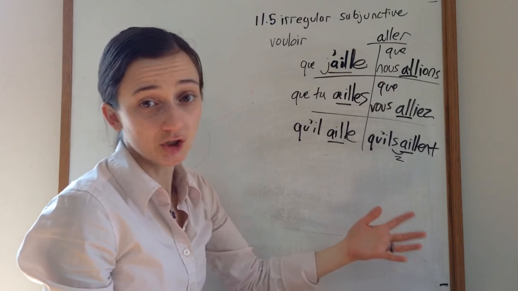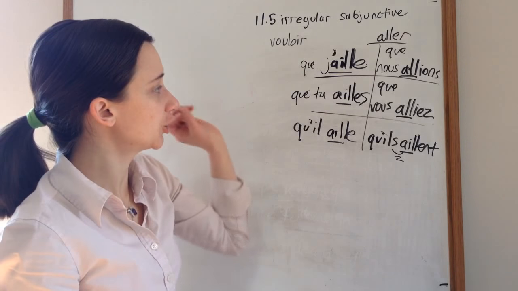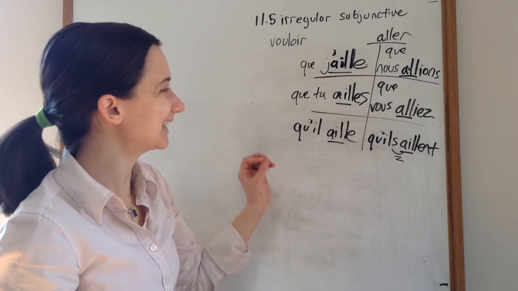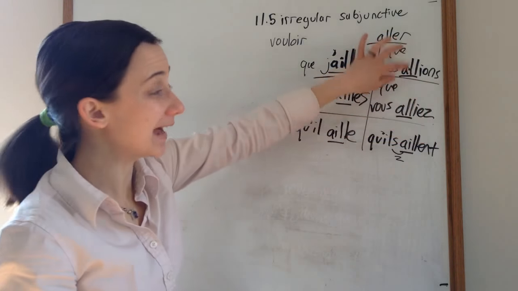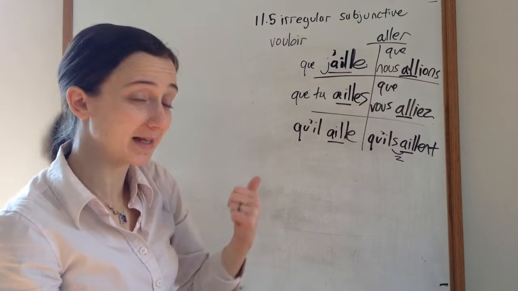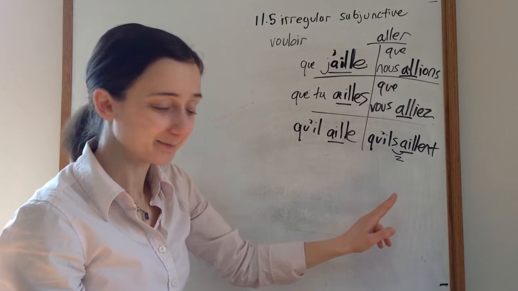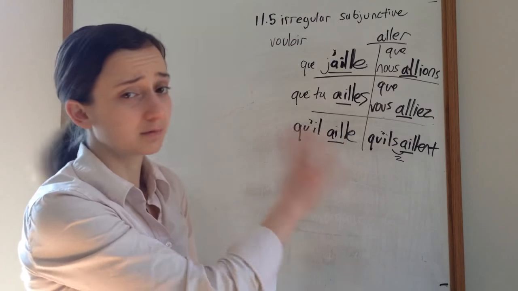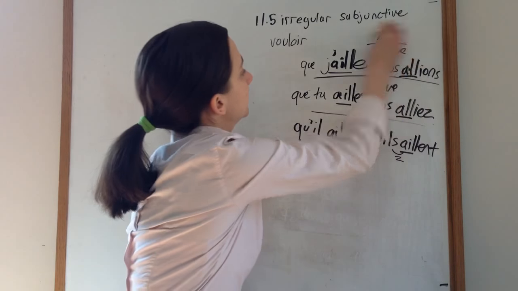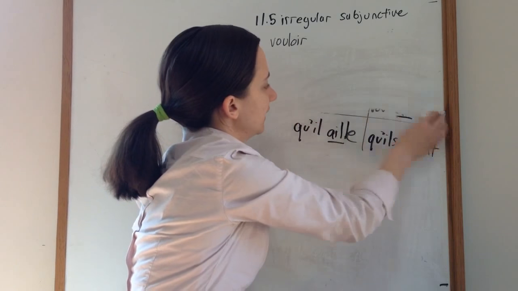Make sure you add the que in there, subjunctive. Que j'aille, que tu ailles, qu'il aille, que nous allions, que vous alliez. We have an L sound now, not a Y sound. Qu'ils aillent. So yeah, watch out for that one. Add in that extra I.